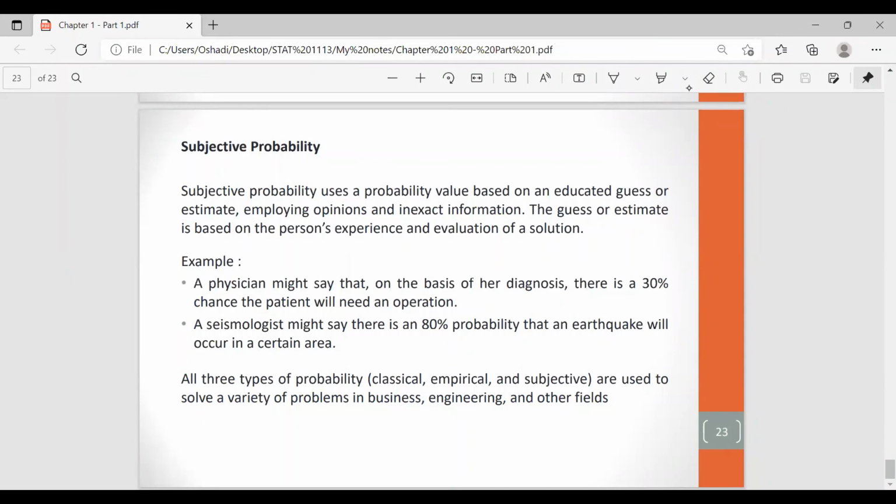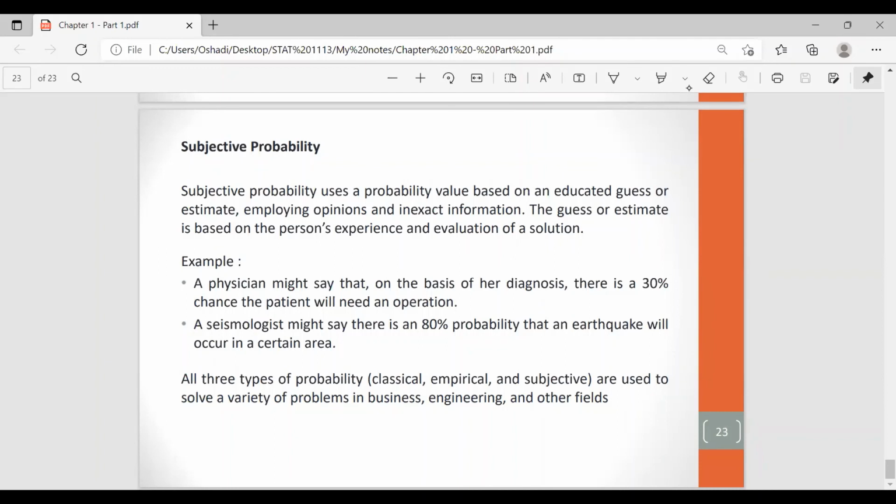In empirical probability, we do the experiment, and by looking at the observations we calculate the probability. But subjective probability uses a probability value based on an educated guess or estimate, employing opinions and inexact information. We do not have exact information, but by experience or guess, we obtain the probability.